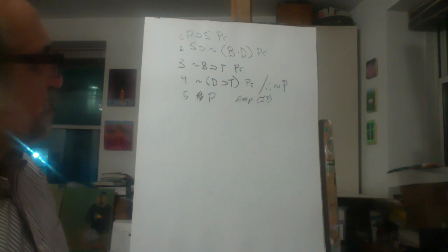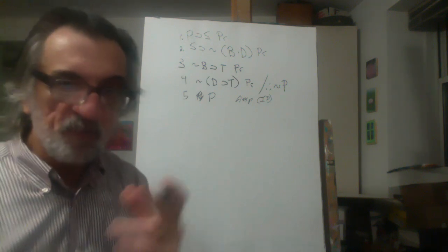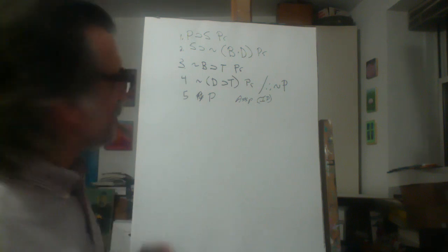Well, it's easy to see what to do next because P only appears in one of the premises. That's the first one.